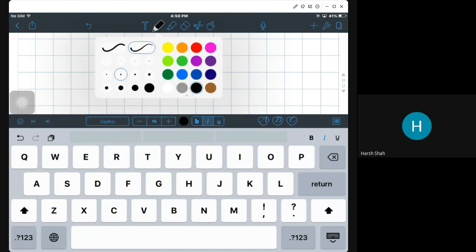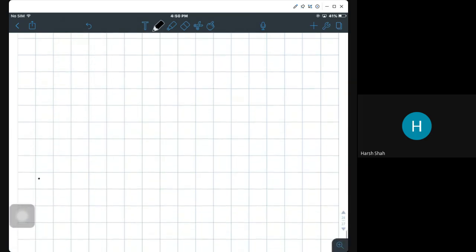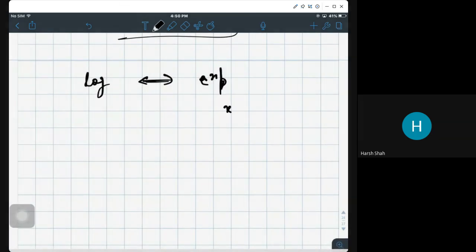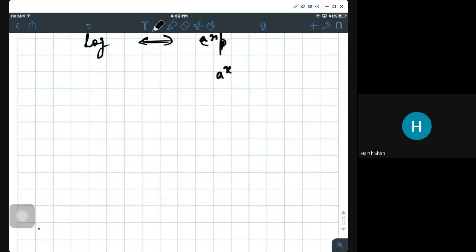A to the x, right? I assume that a is always greater than 0 and a is not equal to 1. Is it correct? No, no, wait. A can be anything.